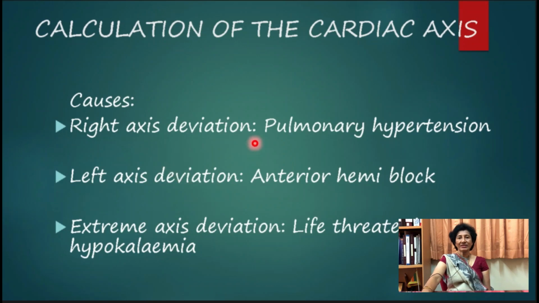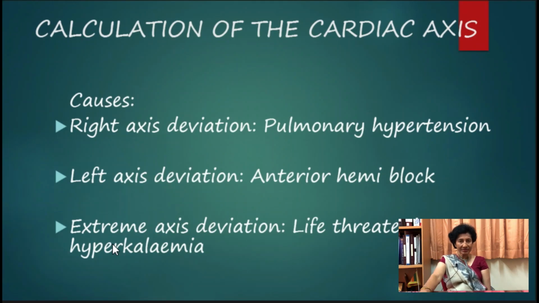Right axis deviation: moderate to severe pulmonary hypertension can cause right axis deviation. Left axis deviation: as you know, anterior hemiblock can cause left axis deviation. Extreme axis deviation can occur in life-threatening hyperkalemia and also in some cases of ventricular tachycardia.